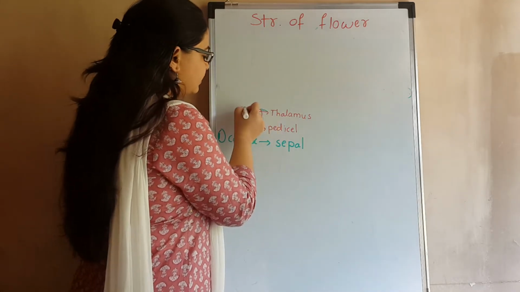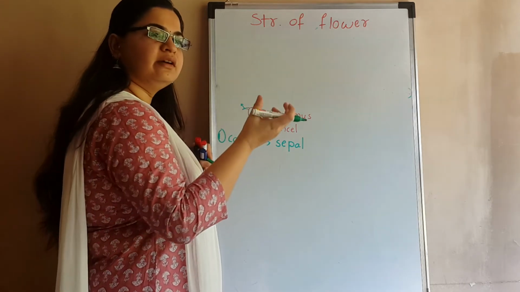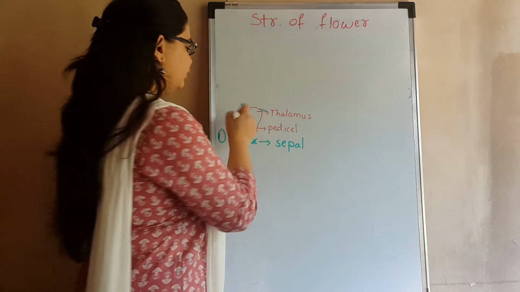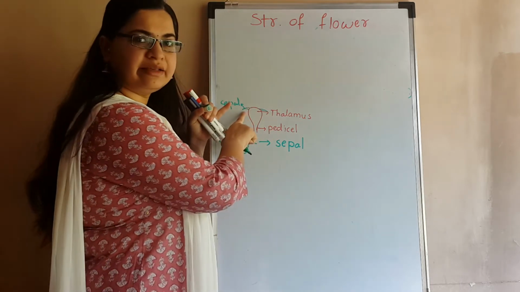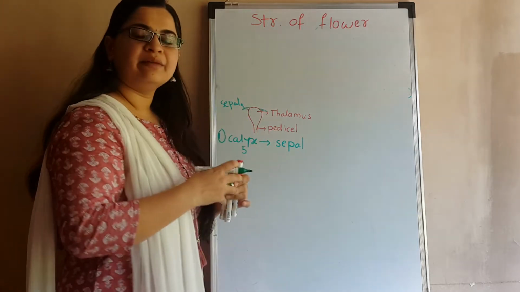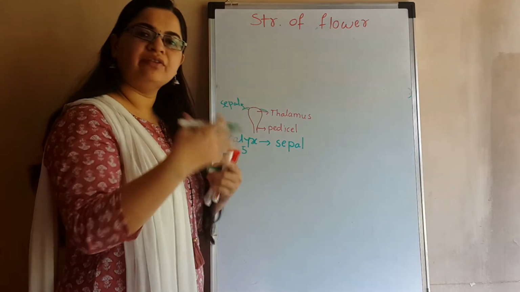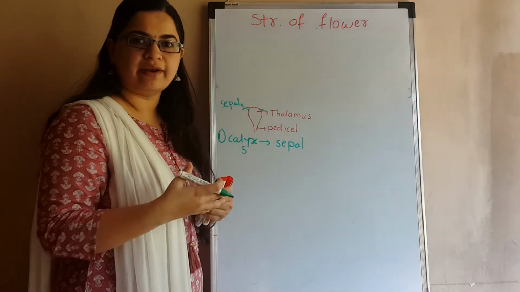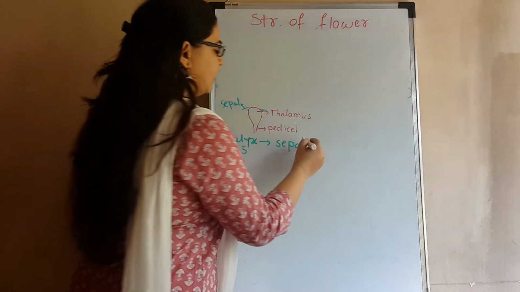If one sepal is there, you have to show one calyx part, which is known as the sepal. That is why I just now told you, the member of the calyx. So these are the five members, and collectively all five together are called a calyx. And if it is one, then it is a sepal.